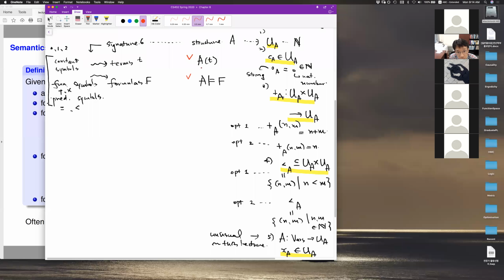While we are doing the semantics of terms and formulas, everything in the structure will be fixed except the last part. This last part will keep changing. So sometimes people call the first 4 components the structure, and the last component is sometimes called the environment.